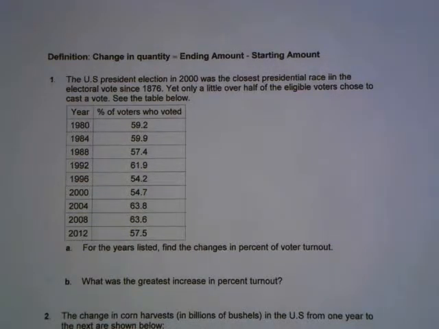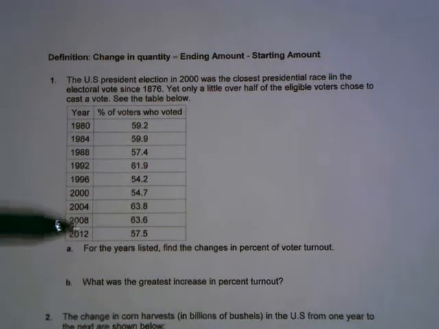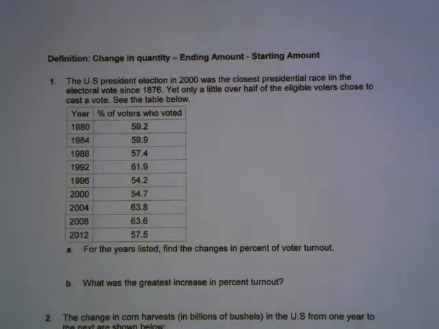Yet only a little over half of the eligible voters chose to cast such a vote. See the table below. So it gives you the year of the presidential elections and then the percent of the people who vote. For the years listed, find the change in percentage of voter turnout.